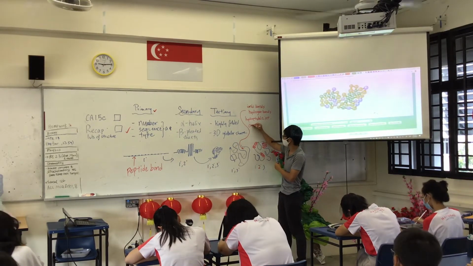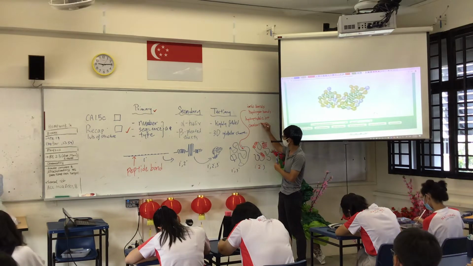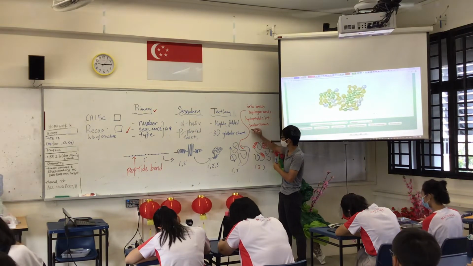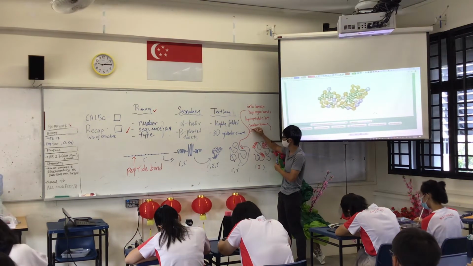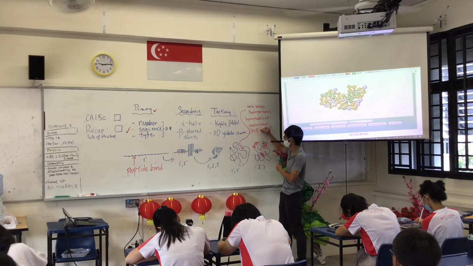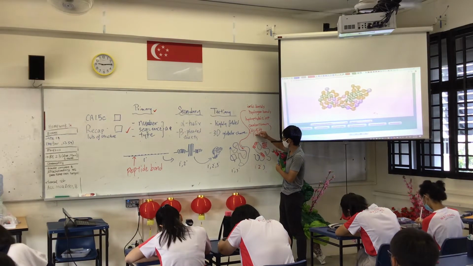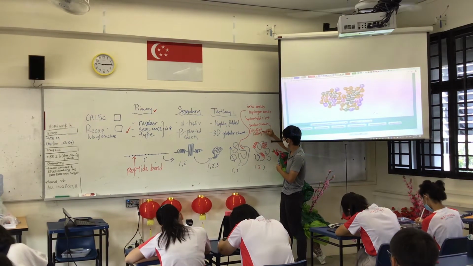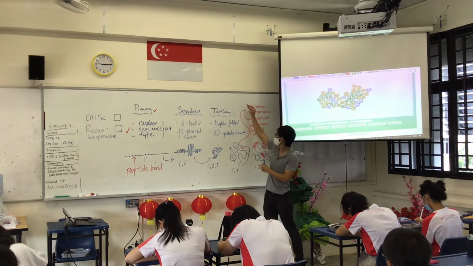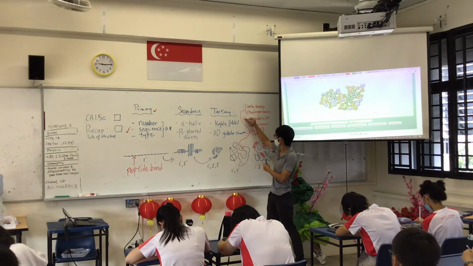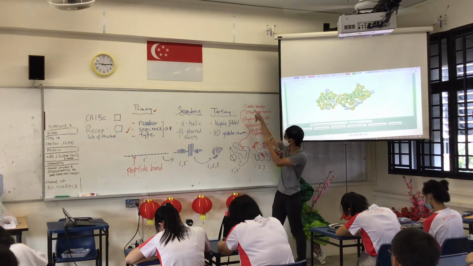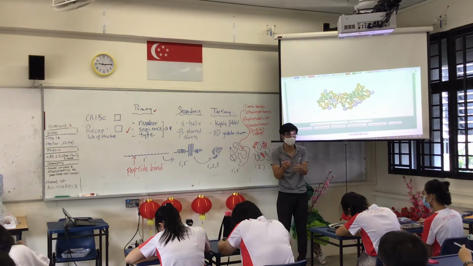Last but not least, covalent bonds, but specifically only one kind of covalent bond called disulfide linkage. So 1, 2, 3, and 4: four kinds of bonds that can hold this complex shape together.